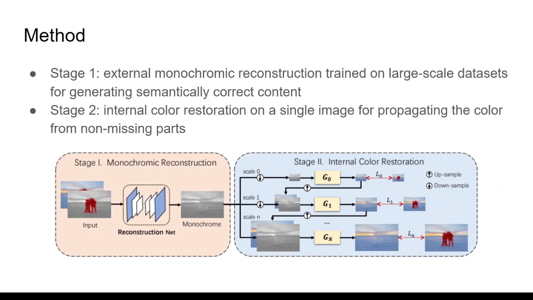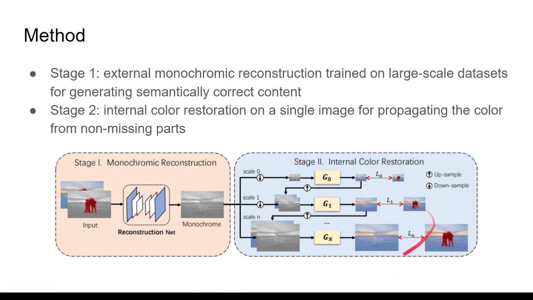The method proposed by the paper we want to reproduce contains two stages. The first stage is external monochromic reconstruction trained on a large-scale dataset for generating semantically correct content. The reconstruction net here can be any image inpainting model that outputs a grayscale image.